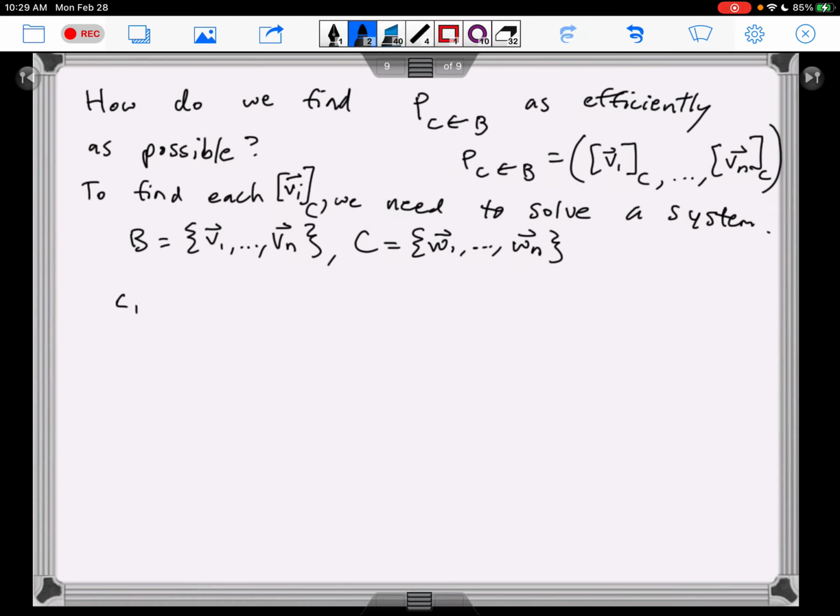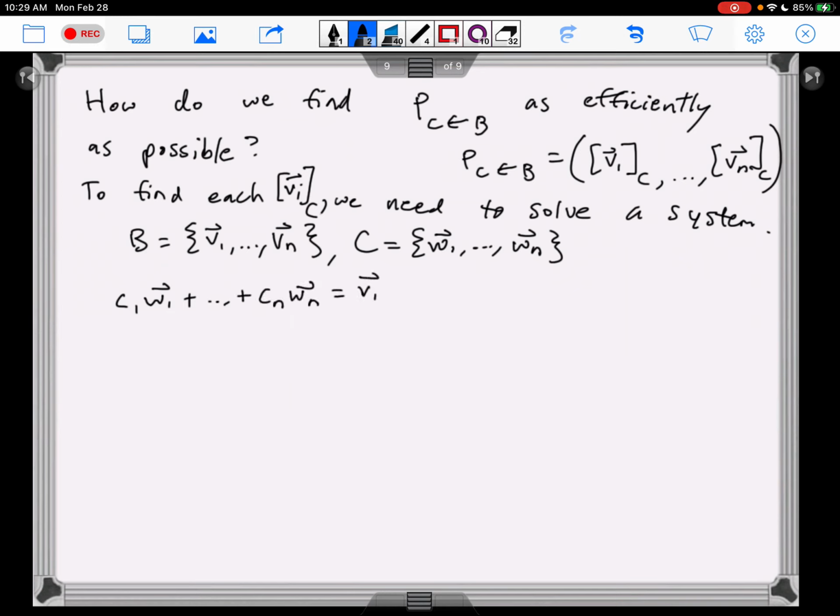It's going to be C1 W1 plus, because we need to find out how to take a guy and write it as a linear combination of these guys, right? And you have to do that for each one. So we have to do it for V1, and then we have to do that n times.